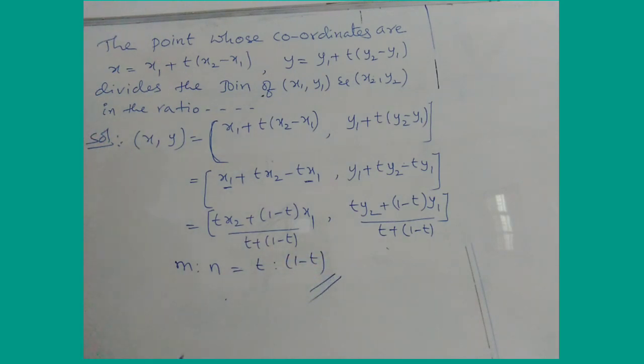Hence, the point which divides the line joining of x1 comma y1 and x2 comma y2 in the ratio t is to 1 minus t. Or from this we can say that m by n is equals to t by 1 minus t.